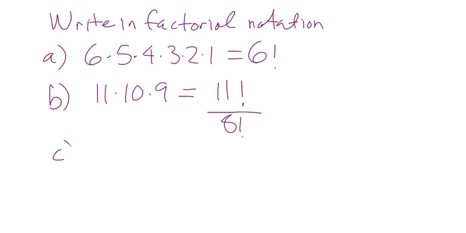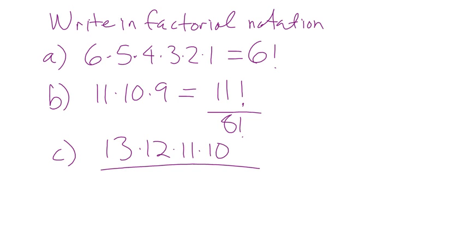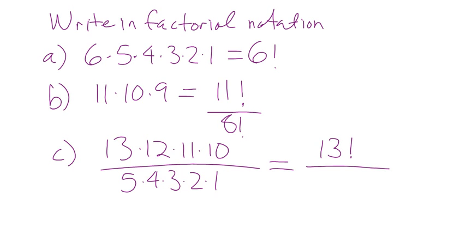What about this? What's the obvious thing that goes up top? 13 factorial. What are we getting rid of? 9 factorial.